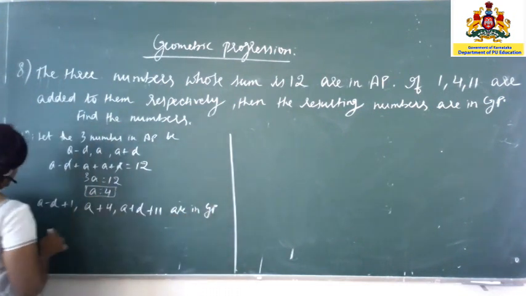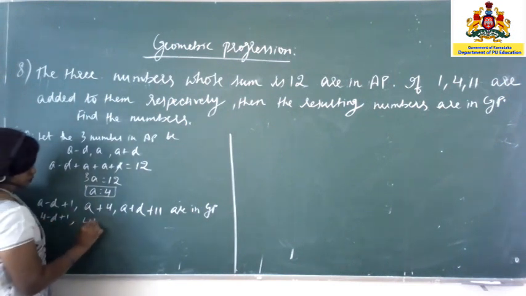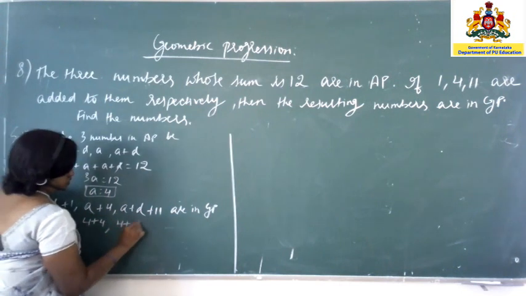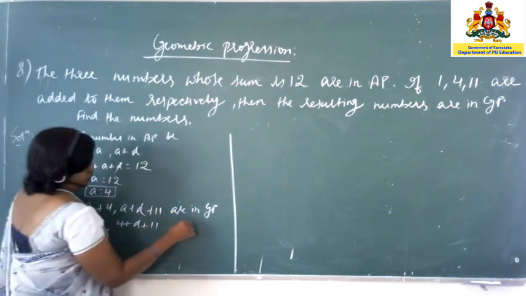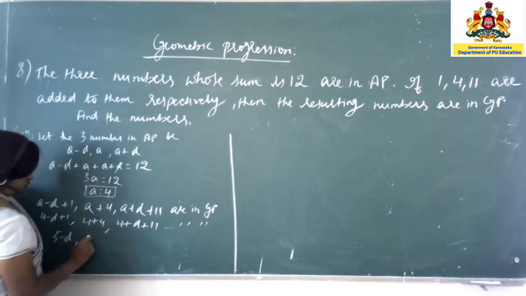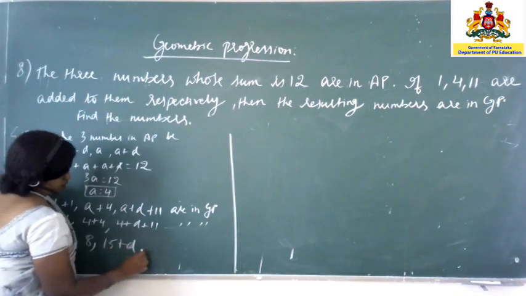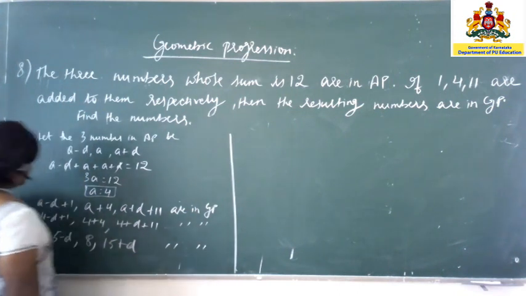Substitute a value 4. So 4 minus d plus 1, 4 plus 4, 4 plus d plus 11 are in GP. So that is 5 minus d, 8, then 15 plus d are in GP.